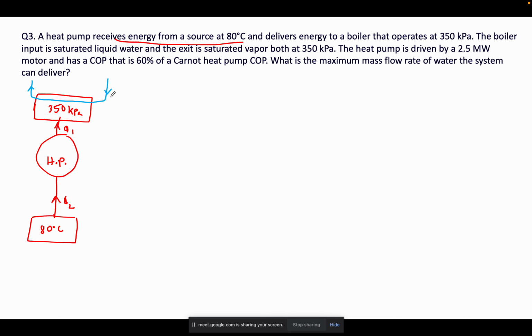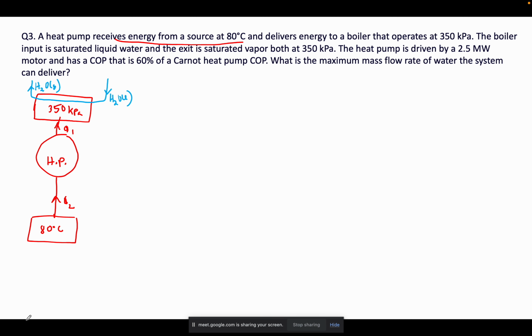Whatever goes in is H2O in liquid state, saturated liquid, and whatever goes out is in gaseous state. There is no superheated state. That is just a change of phase from the liquid to the gaseous. The boiler takes Q1 amount of heat, and this Q1 is used to change the phase of saturated liquid water to saturated gaseous water. This phase change takes place at 350 kilopascal.